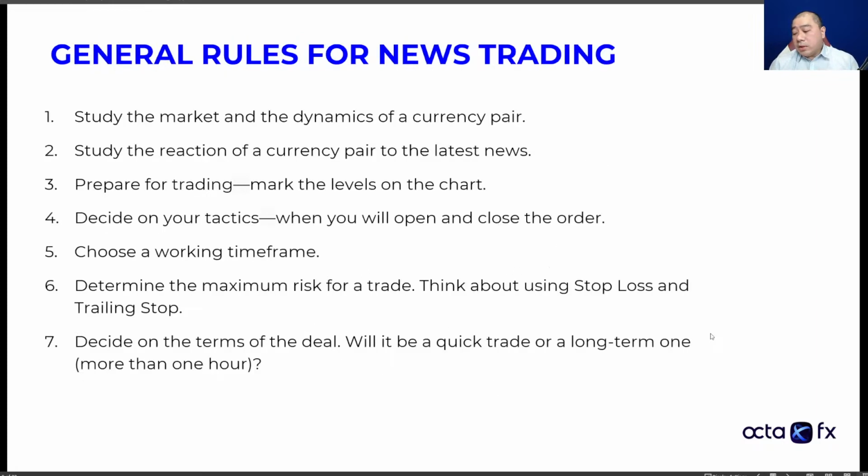Okay, a general rule for news trading. You basically need to study the market and the dynamics of a currency pair as well. For example, if we are talking about the upcoming inflation trade that we're going to be doing on Wednesday, what currency pair do you want to trade? Which one has the immediate impact? Because it's the US CPI number, we want to look at currencies that are directly related to the US dollar.